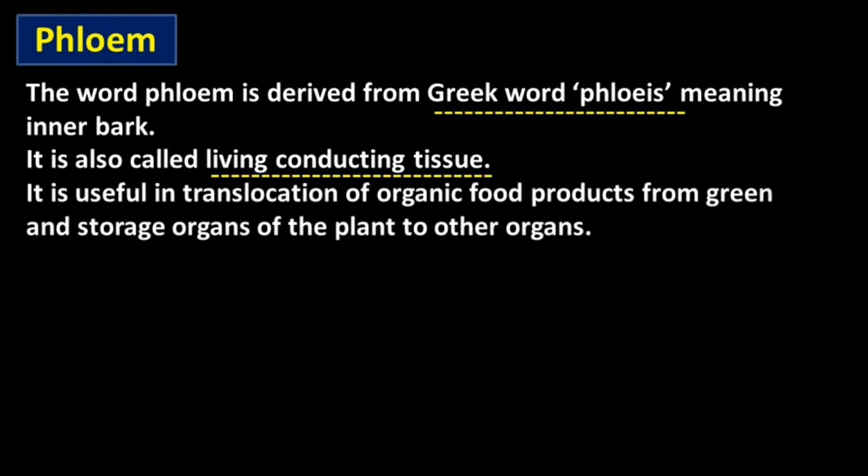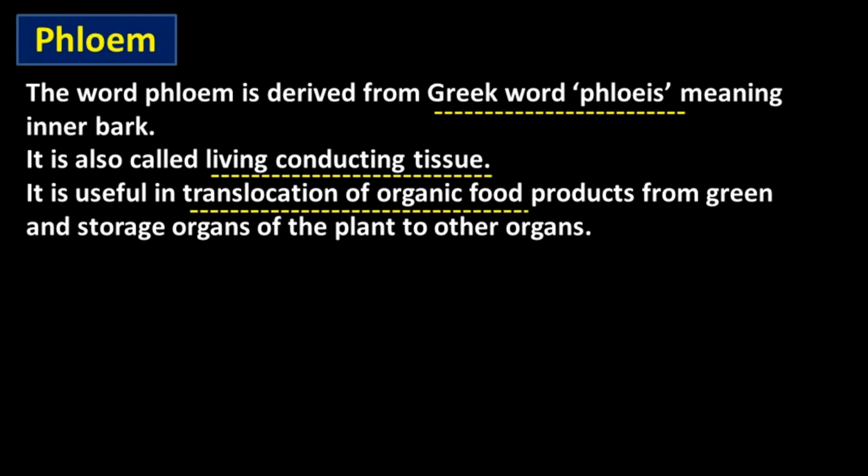It is useful in translocation of organic food products from green and storage organ of the plant to the other organ. Food synthesized in the green part of the plant and it is stored in the storage organ. So plant transport this synthesized food material to the different part of the plant with the help of phloem tissue.